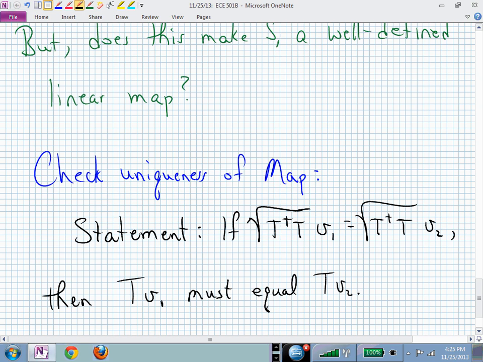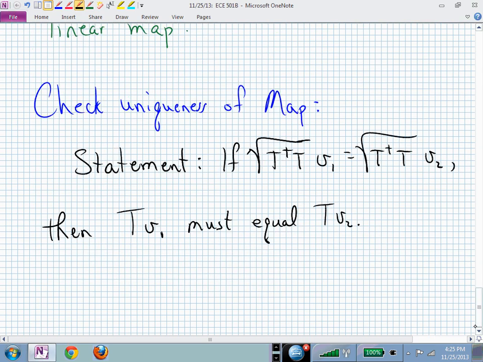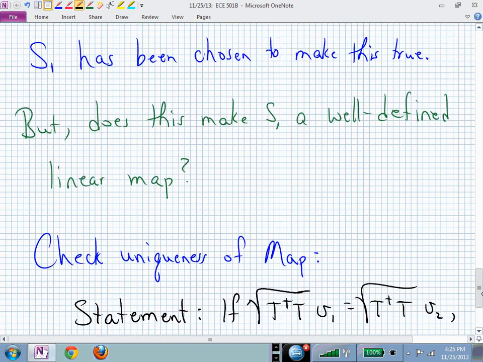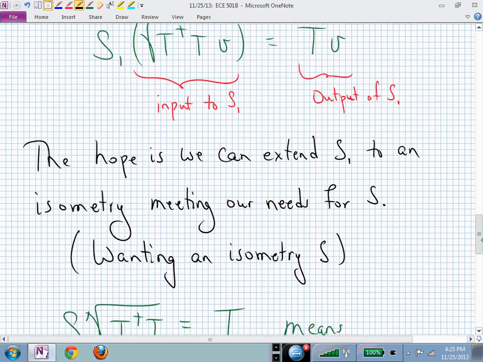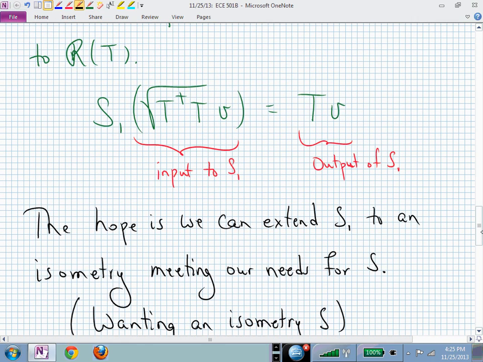We need to make sure that we're getting to the same place from V1 and V2 if we go through these positive square roots, because what we're doing is we are saying up here that if we had a V1 here and a V1 here, and they took us to two different places, then S1 isn't going to make any sense.